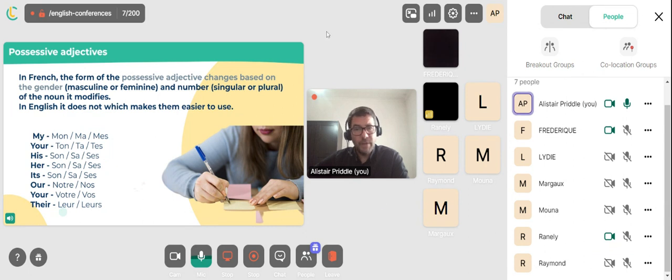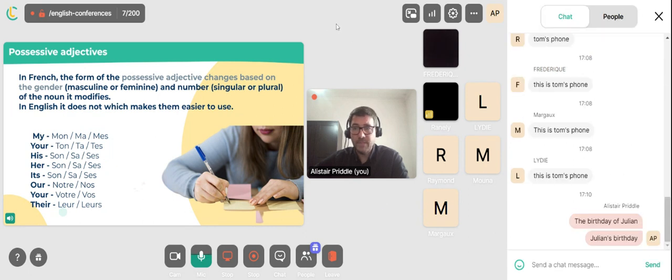Okay, so let me read through that list of possessive adjectives. We've got my, your, his, her, its, our, your, their. Okay, once again, let's read through the list of these possessive adjectives. Have a listen to the pronunciation.